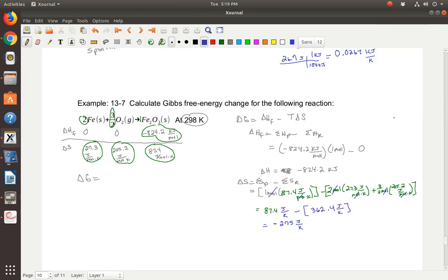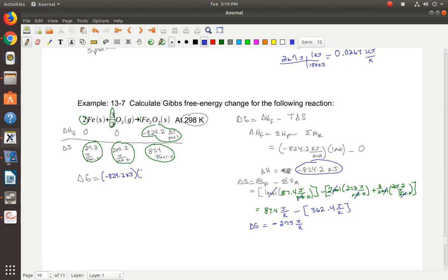All right, I went ahead and did it, and I multiplied these two and multiplied these two and added them together and got this number and subtracted it, and I still have a negative 275 joules, so the delta S is negative. So now we're going to put this back in. The heat of formation was a negative value, negative 824.2 kilojoules.